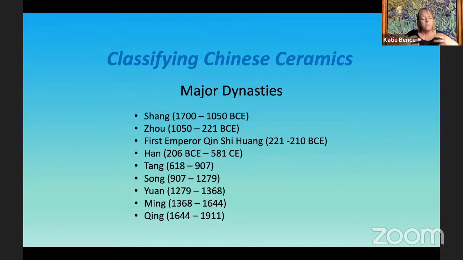And so what I'm going to talk about is the new and innovation in ceramics that happened in each one of these dynasties. And these dynasties reflect the different cultural belief systems and to some extent the global events that influenced the values of the ruler, because it was the ruler that set the agenda and standards from which all daily life flowed.